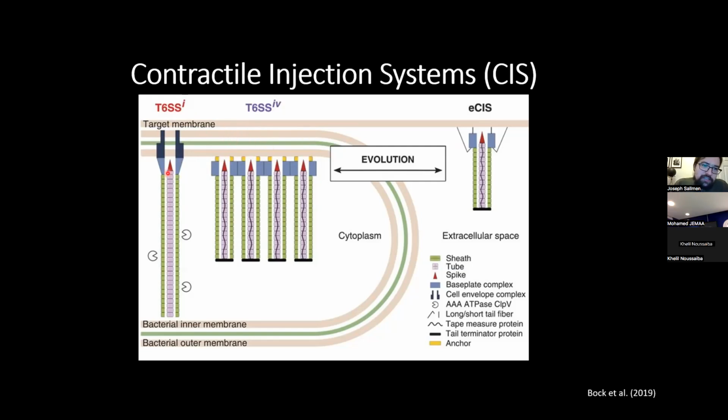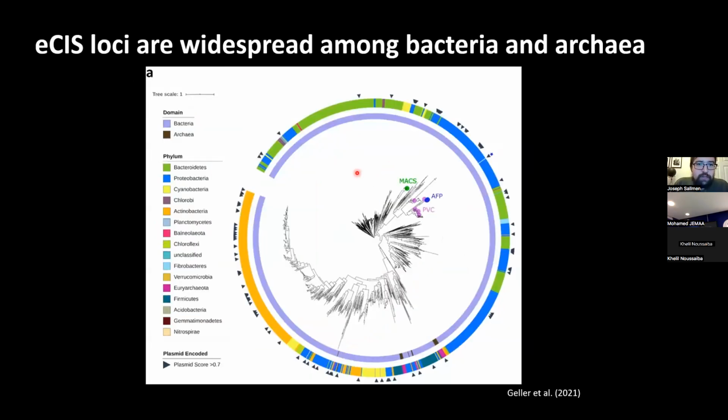And for the last 20 years or so, or maybe even more, people have studied the type 6 secretion system, and it's been almost exclusively in gram-negative bacteria. Only in recent years have people started to look at the eCIS, which are the extracytoplasmic ones. And in the last couple of years, people identified, this is just a tree of life, looking exactly for those eCIS loci that I just told you about in bacteria and archaea.